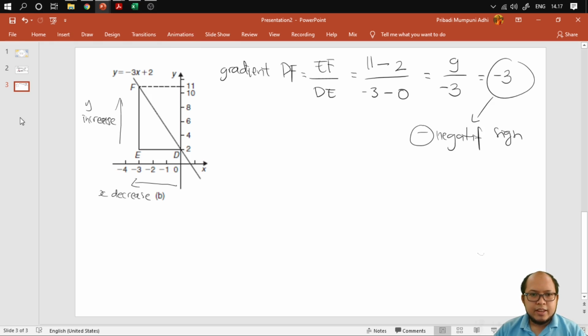Therefore, as we can see, when x decreases but y increases, or vice versa, y decreases and x increases, we can also have the negative gradient. So the minus 3 here represents the gradient.